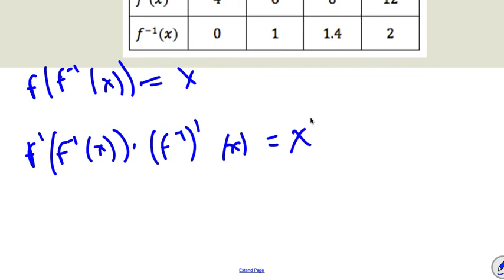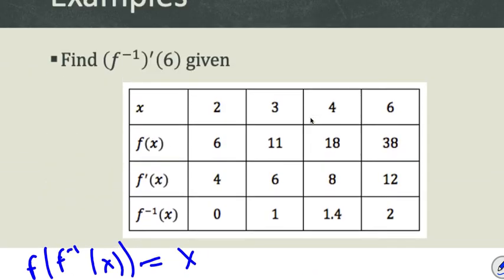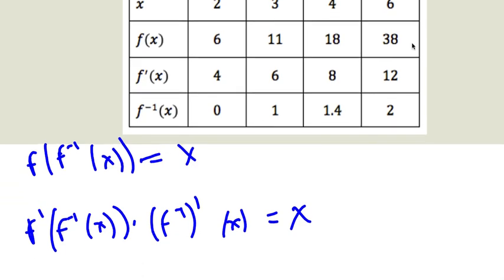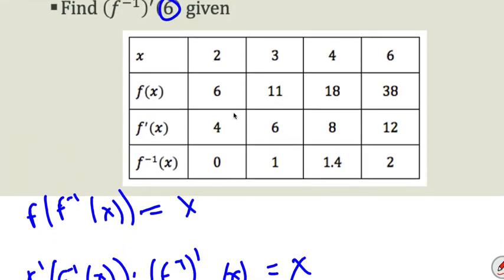So let's see what we got here. I'm looking for when x is 6. All right, so let's start here with f inverse of 6. So here's f inverse of 6 is 2.